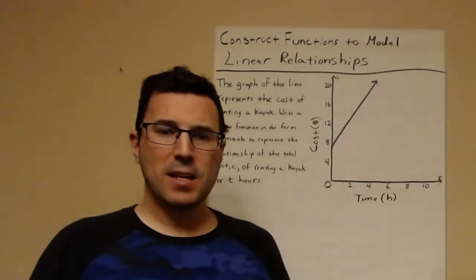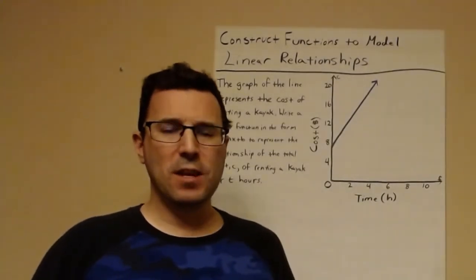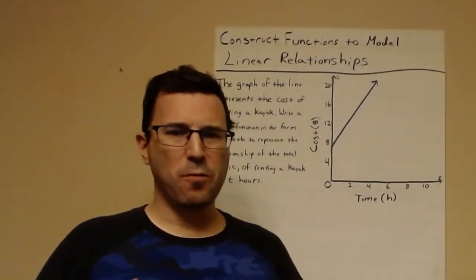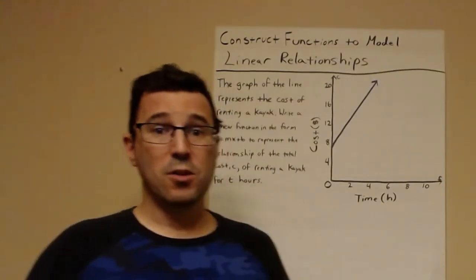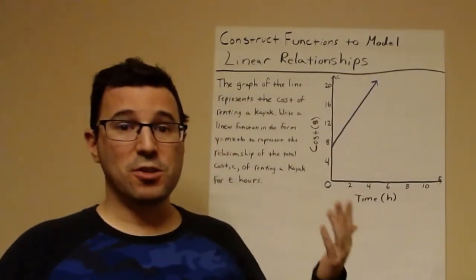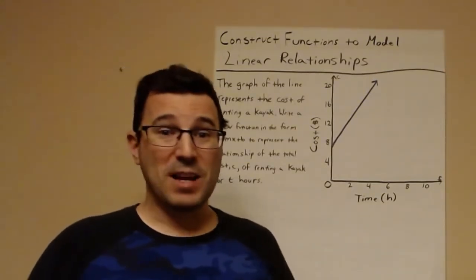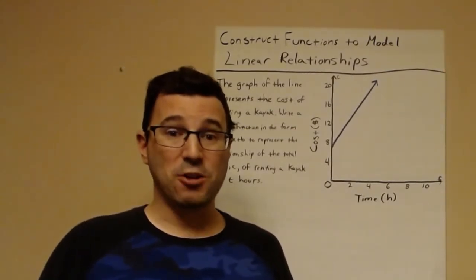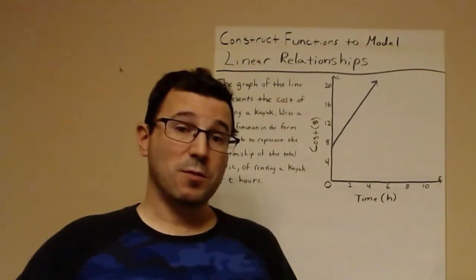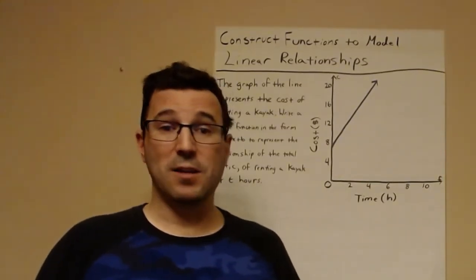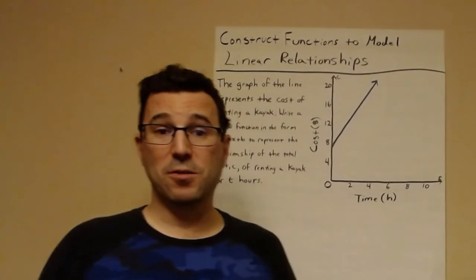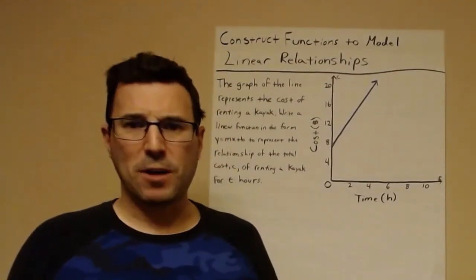So today, even though this is a new video, it's kind of a review of a previous video. This is constructing functions to model linear relationships, which really what it comes down to is we're writing equations. So it's very similar to my video on writing equations, so think of this just as a refresher.